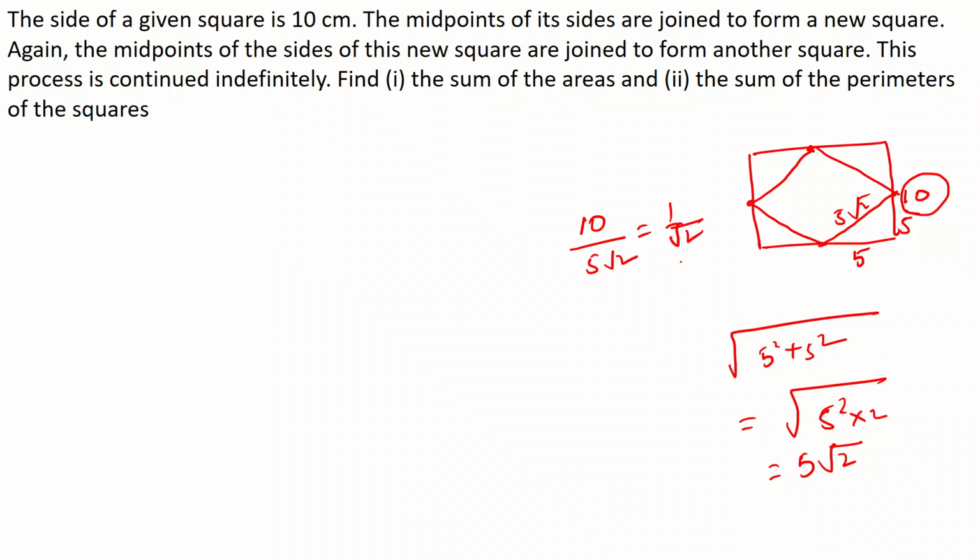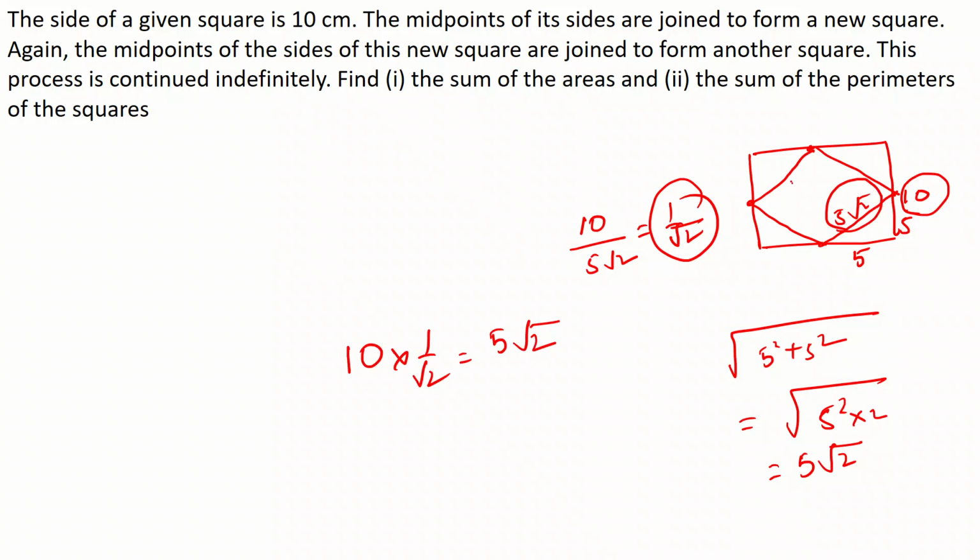So every time I do it, I get a new square whose side is 1 by root 2 of the previous square. Our bigger square had a side of 10 centimeter. If you multiply 1 by root 2 to it, you get 5 root 2, so the inner square will have a side of 5 root 2 centimeter.